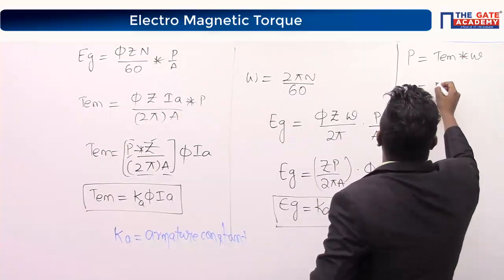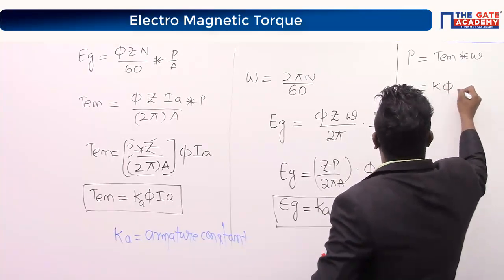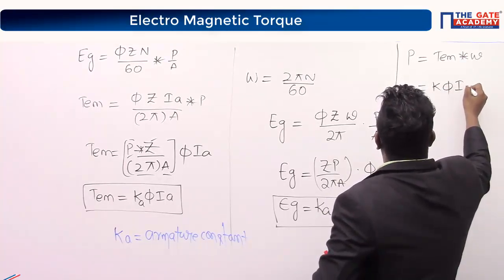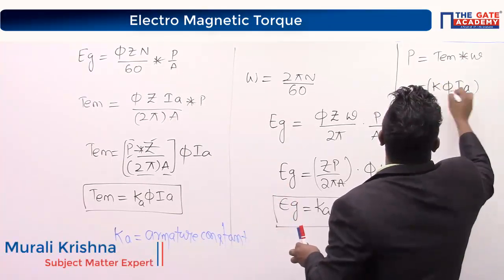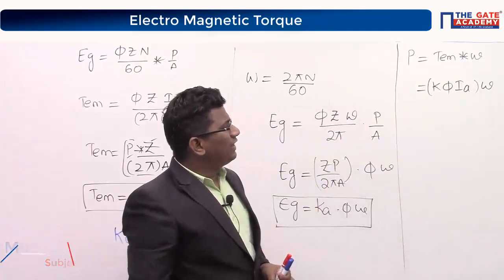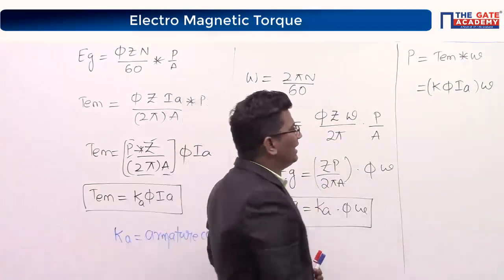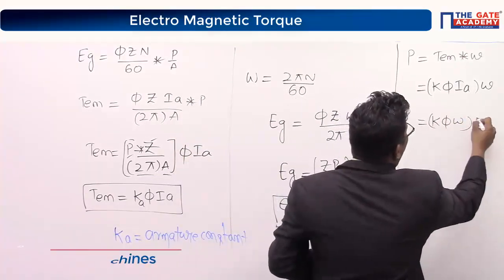What is electromagnetic torque? K into phi into Ia, so power is K into phi into Ia into omega. Can I write? What is K into phi into omega? Can anyone tell me?